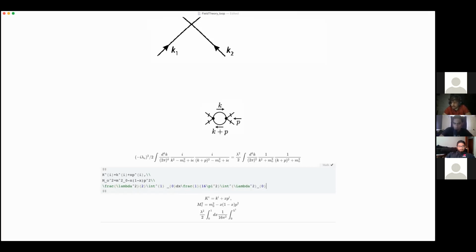That was what we were doing last time. And then we'll have dk squared, right? Where k really is the norm of k. And we're going to have k squared over k squared plus m squared.